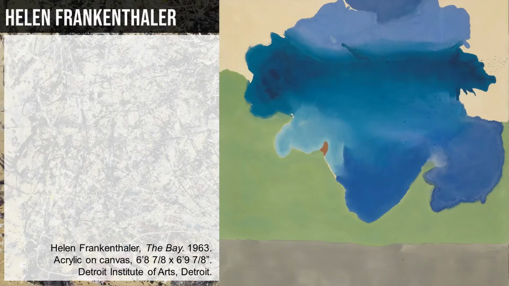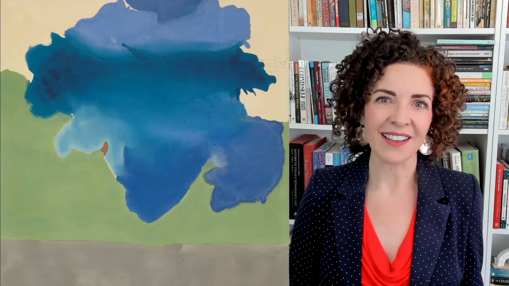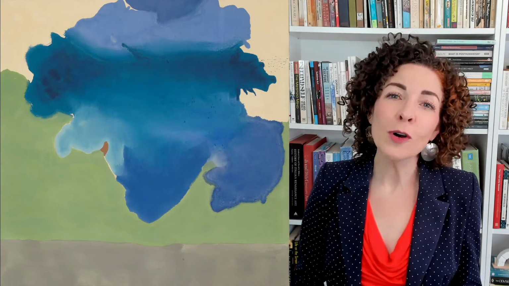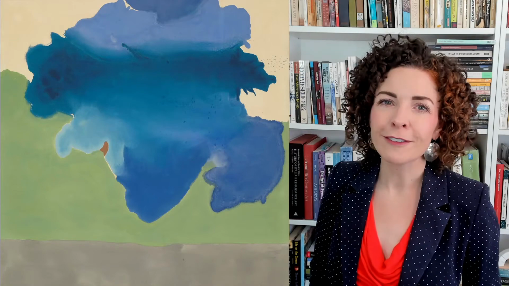He also celebrated Helen Frankenthaler, whose works, like The Bay, were created by pouring thinned paint onto raw canvas, allowing it to pool and absorb in ways that again emphasized the materials themselves, as well as the formal qualities of shape and color. In Greenbergian formalism, it's all about what can be observed in the artwork itself.